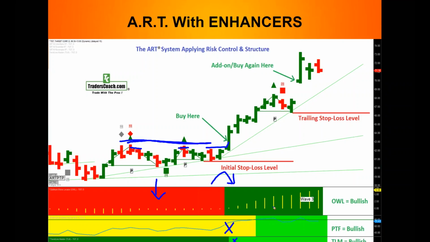So we've got a pretty good 3 out of 3 indicators not indicating a bearish market, and 2 have already turned green. So that's a good time to support a buy based on the pyramid. All right, and then again, as this particular thing took off, it even developed into a wave 3.